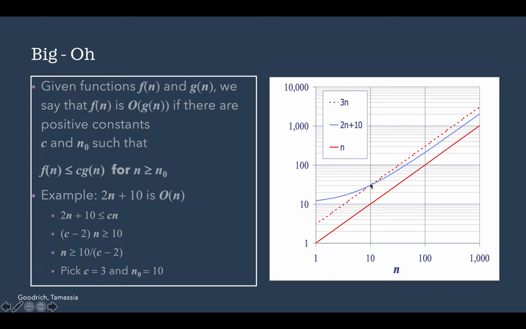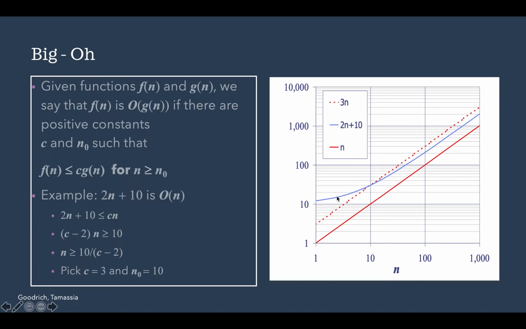Up to this point, this 3n was having a slower growth rate. Assume that n is equal to 5 here. For n equal to 5, the value is somewhere close to 20. So 3n is not growing faster at this point, and 2n plus 10 is having the upper bound.